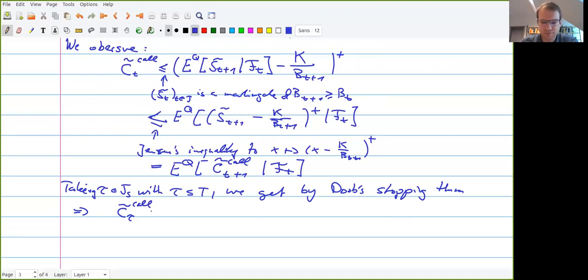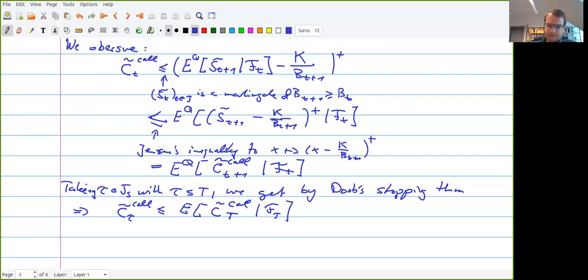And now we take the conditional expectation with respect to F tau. So we get here the call option discounted at terminal time T, conditioned on F tau.